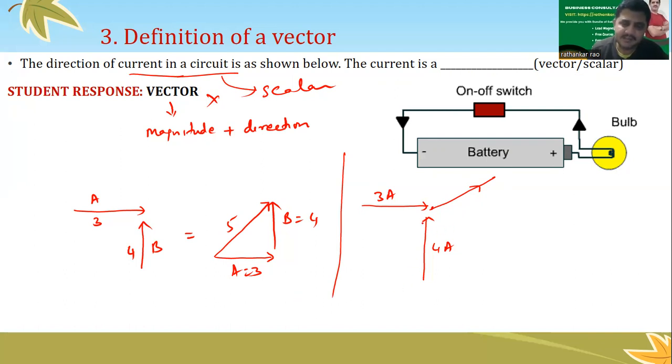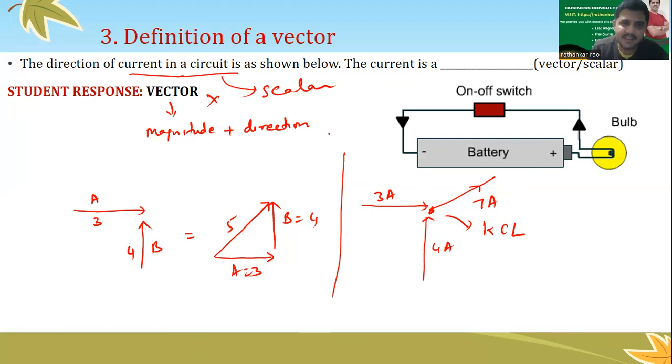According to you, 3 squared plus 4 squared should be 5 squared, so this should be equal to 5 amperes. But is this 5 amperes? No, it's not 5 amperes. You just say that 3 and 4 will add together to give 7 amperes. Why 7? Because we have used something known as Kirchhoff's current law. If you know Kirchhoff's current law in electricity, you will understand this. Or you can say that we just add the currents like this and say the total current is equal to so much.